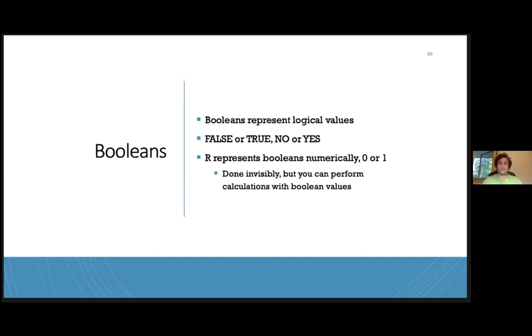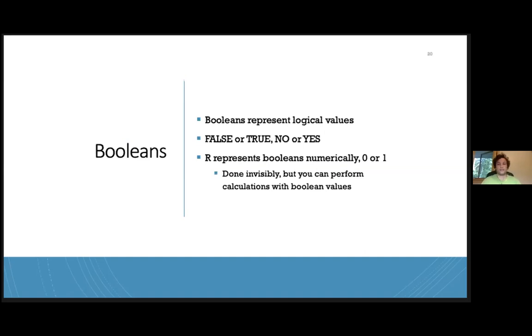This is kind of done invisibly, but it's important to know because you can do calculations with Boolean values. So how do these go with infix operators exactly? Well, a lot of these operators, like I said, are for comparisons, like the greater than and less than, equal to, and so on. And so the result you would get from doing an evaluation like that would be true or false, which are, again, just Booleans.